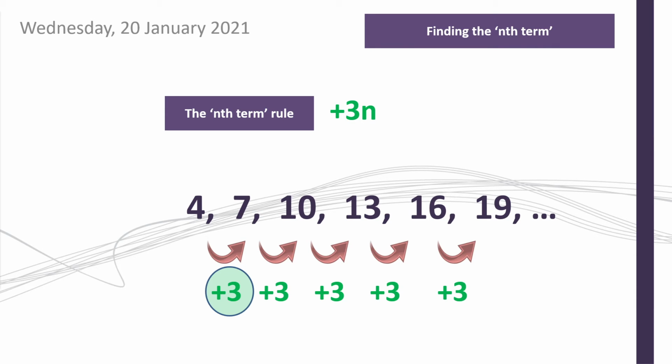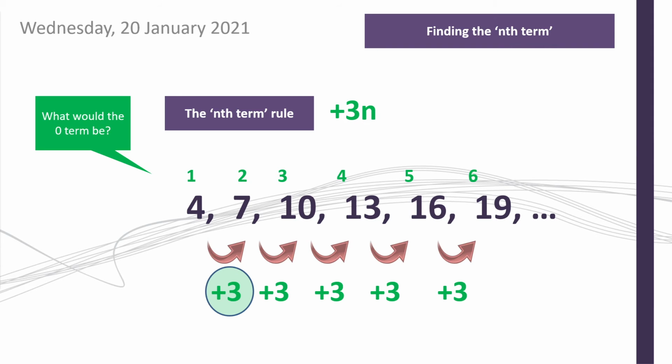We can calculate what the 0th term would be. We do that by doing to the first term the opposite of what we would do in order to find out the next term. So, in this case, we would find the next term by adding 3.